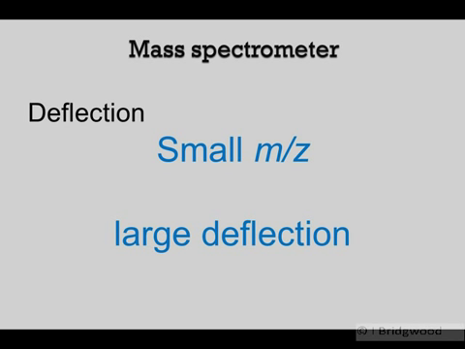Now, generally, you will find that most of the particles passing through the mass spectrometer will have a +1 charge, so that Z will always be equal to 1. But occasionally, you will find that Z will be 2, and therefore the degree of deflection will be different for the differently charged particles.